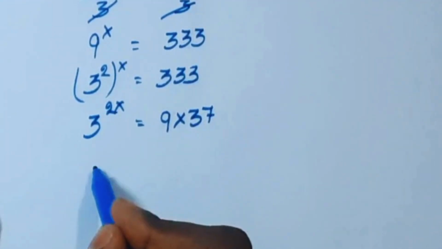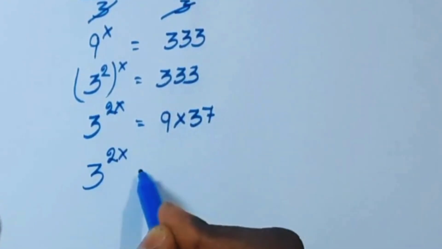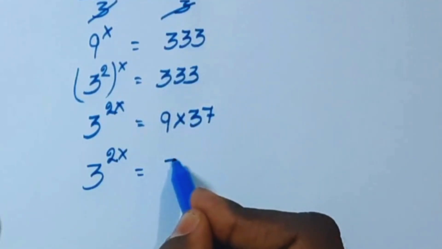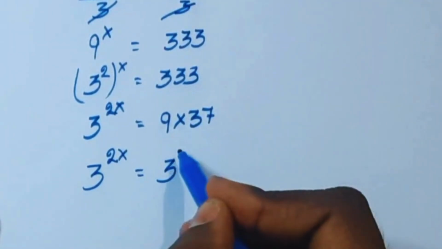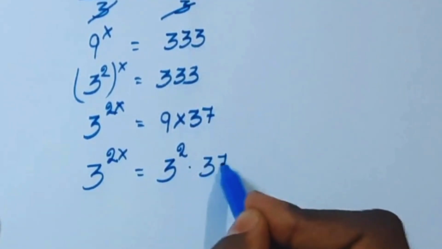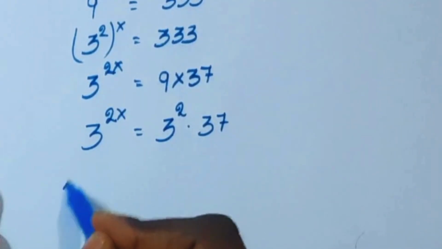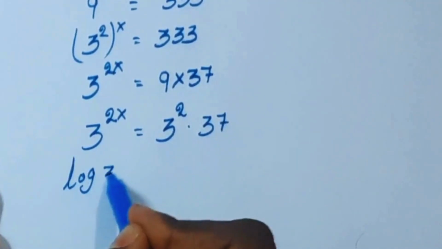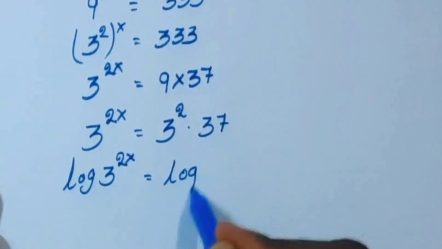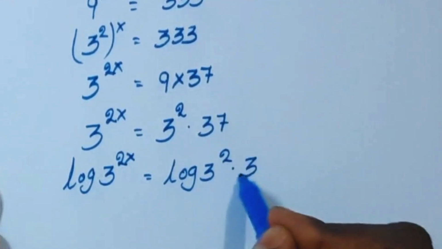So 3 power 2x equal to, this 9 can be written as 3 power 2 times 37. Now take a log on both sides. Log 3 power 2x equal to log 3 power 2 times 37.